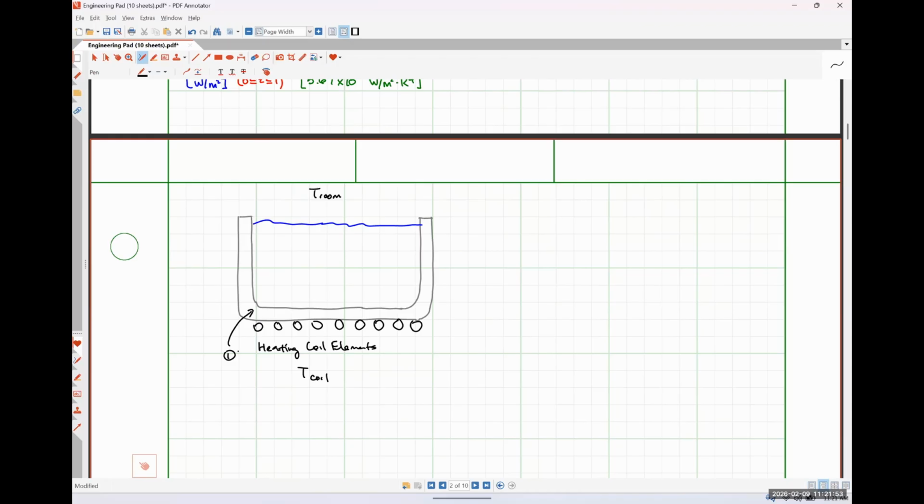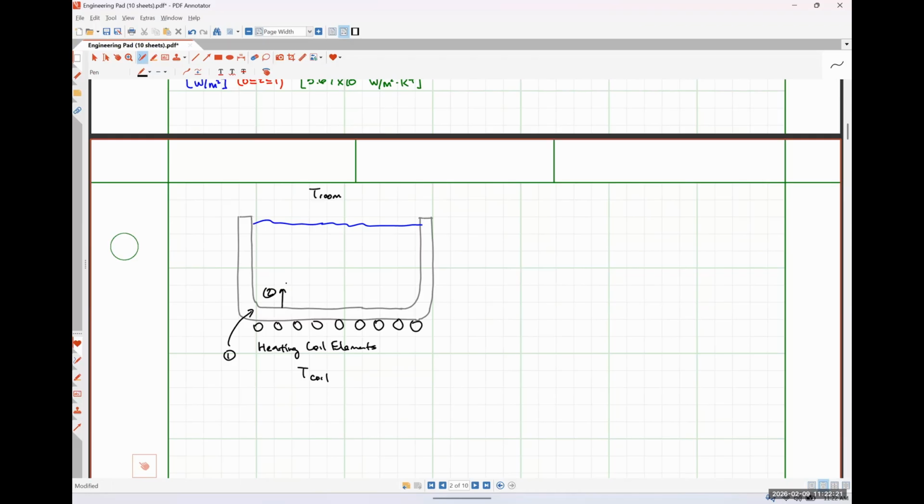Well, we're also going to see that we have some convection, right? So we've got convection here because we have transfer of heat from the solid surface of the pot to the liquid inside of the pot. Okay?